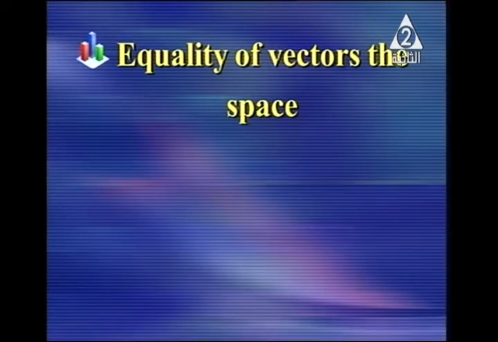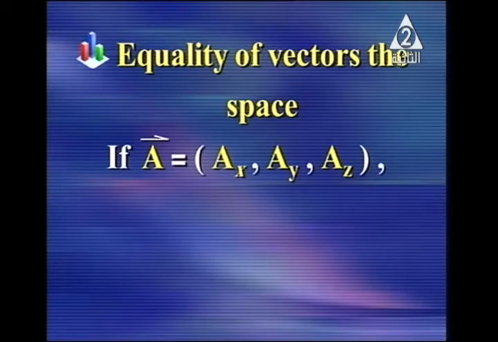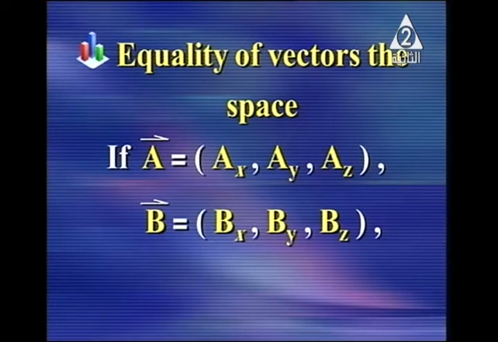Equality of vectors in the space. Dear student, now we will explain when two vectors are equal. If we have two vectors A and B, the first vector A has three components, AX, AY, AZ. B vector equals BX, BY, BZ.